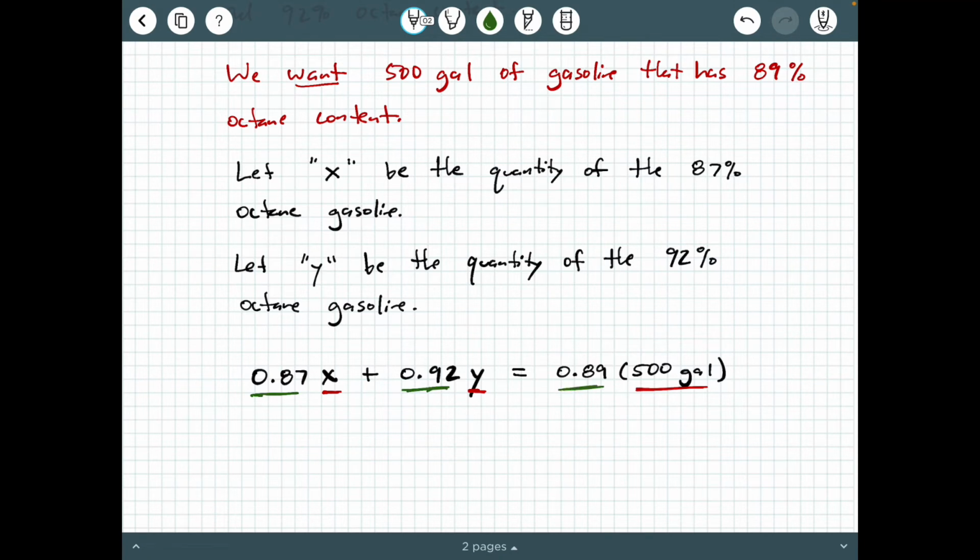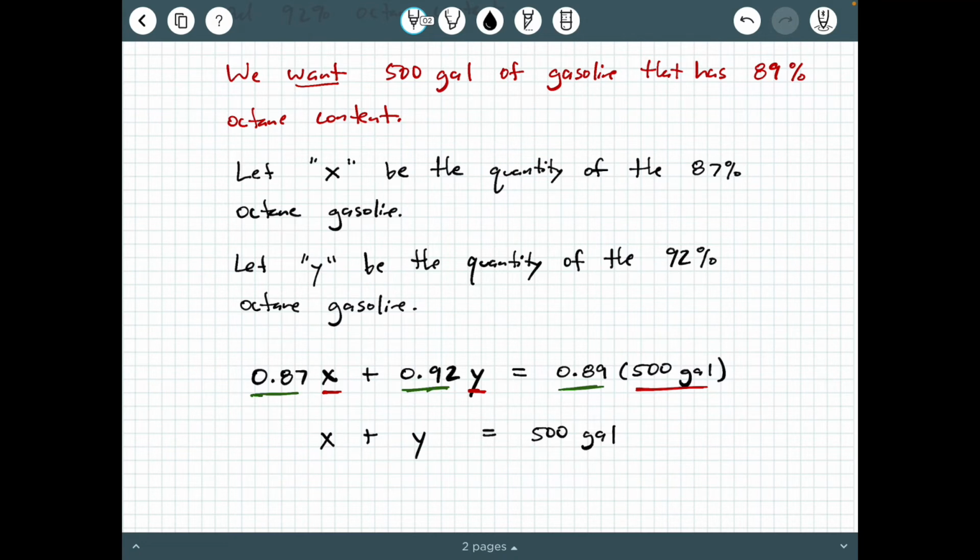So that's one equation right there, okay? Now, we need a second equation, right? Because this is just one equation with two variables, so we need a second one. What do you think a second one is? Maybe pause the video and think about it, but I'll go ahead and tell you. The second equation we need is going to be X plus Y equals 500 gallons.